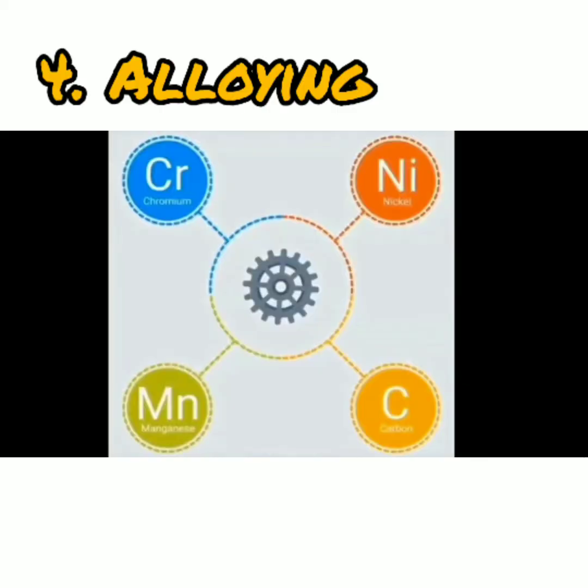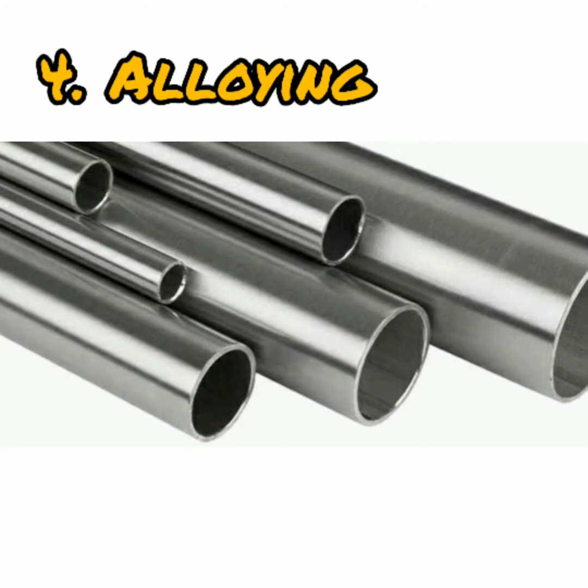Another process to prevent rusting of iron is to make an alloy of iron with other metals or non-metals. In this process, iron is mixed with metals like chromium, nickel, and manganese, and non-metals like carbon to form stainless steel.